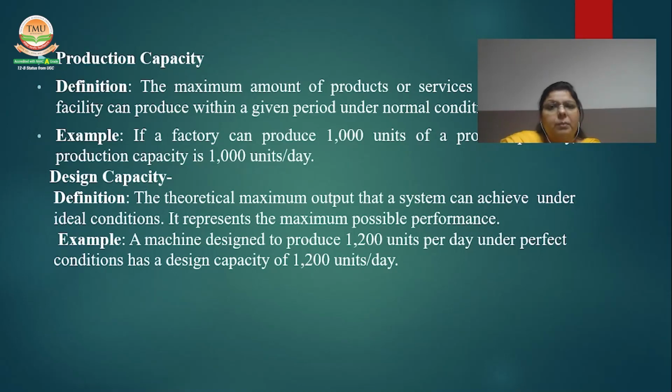Are you giving the maximum output as you have decided in a given period of time? Take an example: if a factory can produce 1000 units of a product per day, its production capacity is 1000 units. So this is called your production capacity.